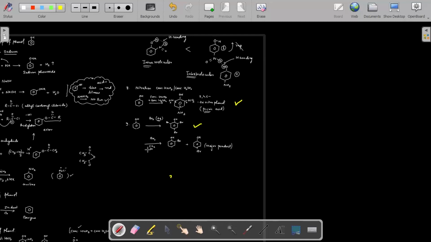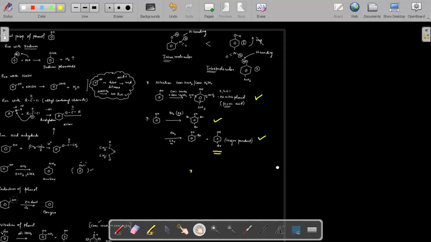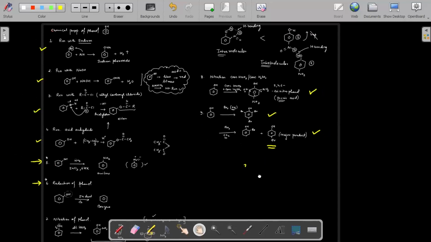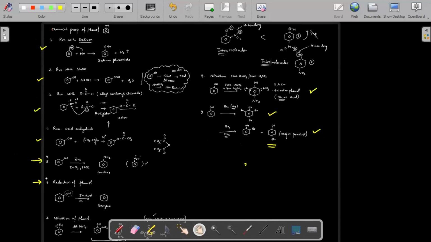In non-polar medium like carbon disulfide or carbon tetrachloride, we get only the mono substituted derivative, that is ortho and para. Para being more symmetrical, we get it as the major product. So these are the chemical properties of phenol.